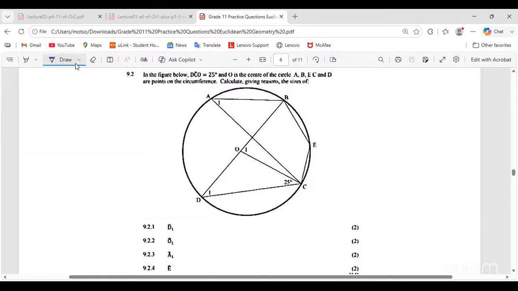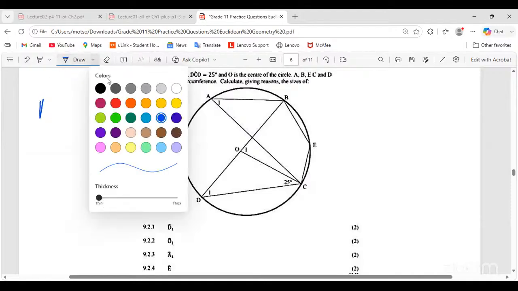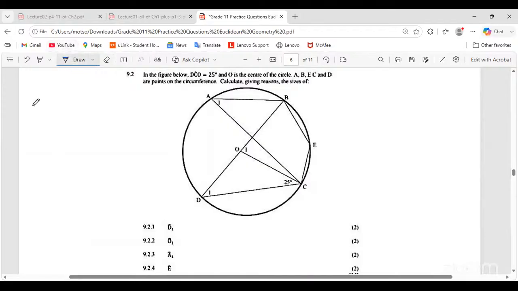So we'll go for our beautiful technique, as usual, DRCPT, the Cape Town technique. D: you ask yourself if there is any diameter in the diagram. We find that O is the center of this circle.